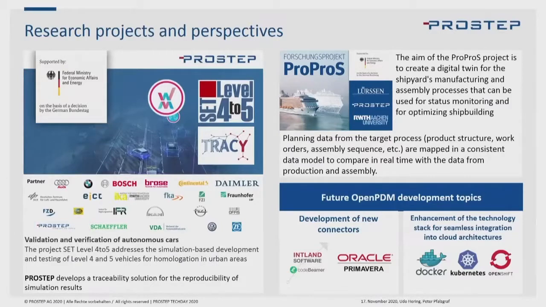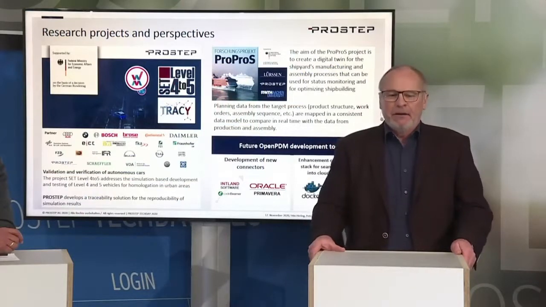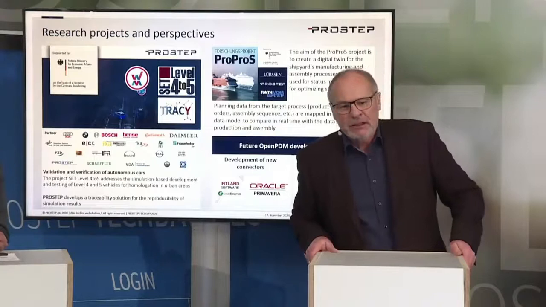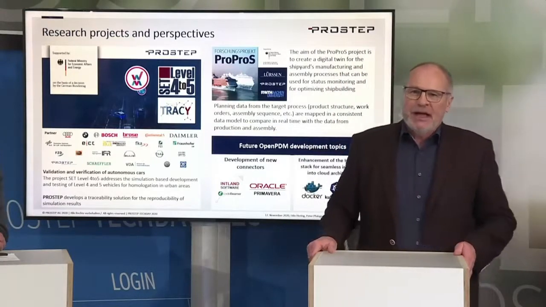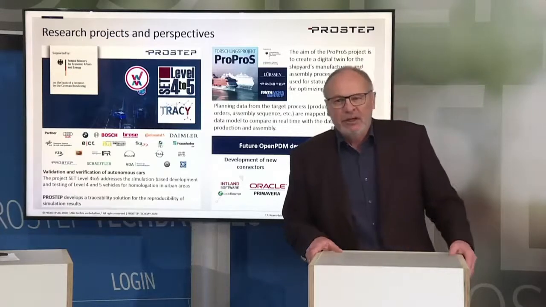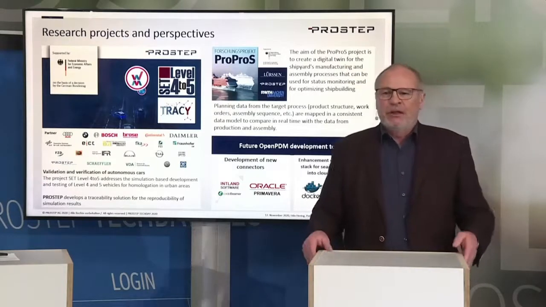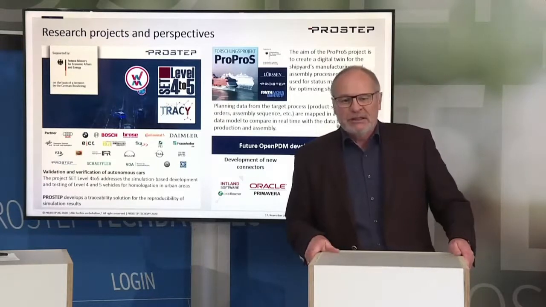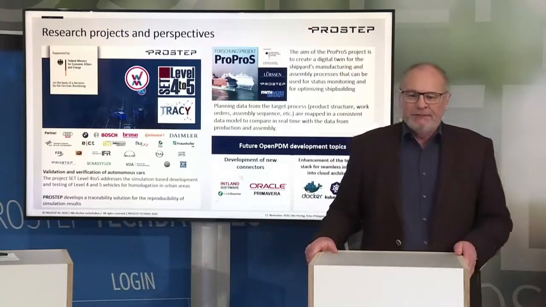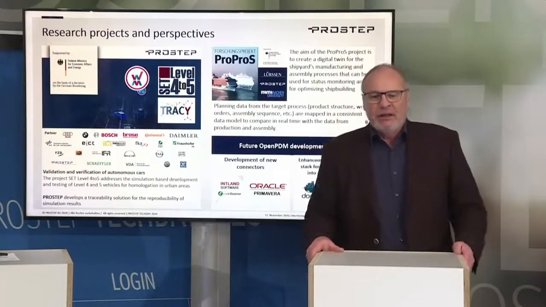But in this set level 4 to 5 project, it's about simulated development together with testing, and these data obviously have to be provided, have to be made available for the approval of these vehicles. That means they have to be seamlessly traceable, and in this context we become active. So a traceability solution is being developed. It's called Tracy, that's the name of the project.